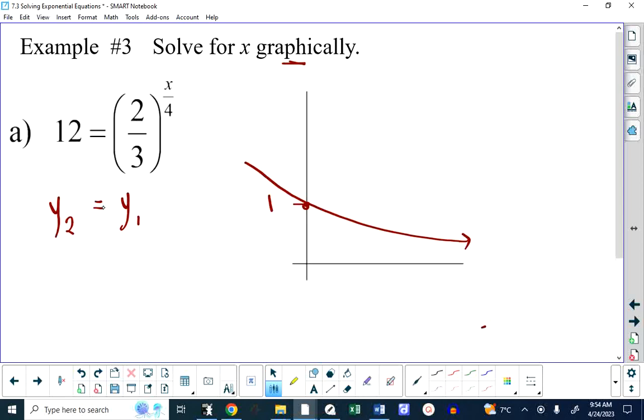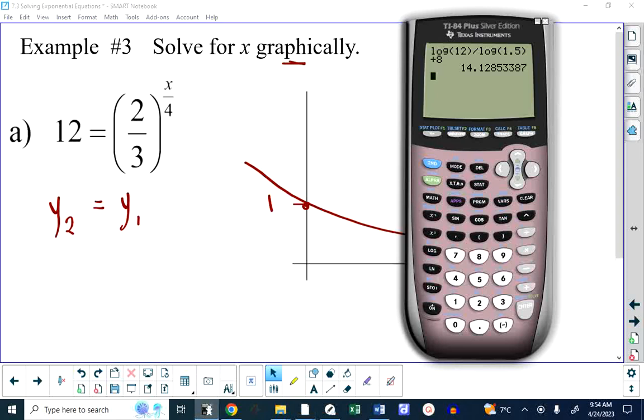Well, my thinking is I'm going to enter y equals 12 and y equals, what do we have, 2/3 in brackets, raised to, in brackets, x over 4.